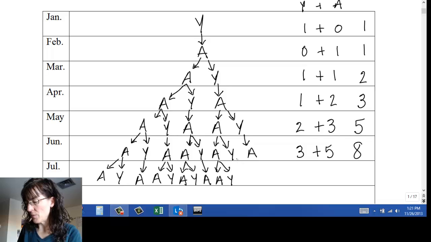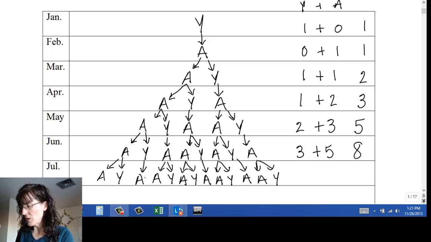Adult plus youth, become adult, and adult plus youth. So now in this month, we have 1, 2, 3, 4, 5, 6, 7, 8 adults. And we have 1, 2, 3, 4, 5 youths. And as I'm looking here, that'll give me 13.